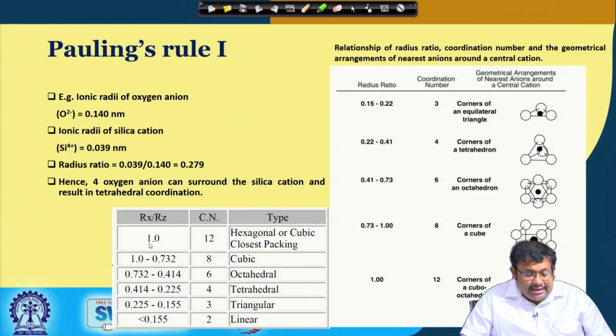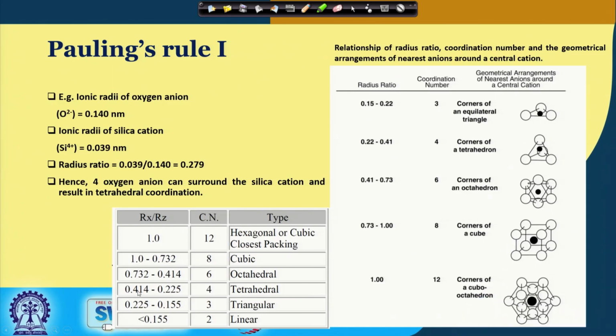As you can see, when the radius ratio is 1, we are getting a coordination number of 12, and basically the hexagonal or cubic closest packing. And when it is from 1 to 0.732, we are getting a cubic packing, and from 0.732 to 0.414 we are getting a 6-fold coordination. The shape is octahedral. From 0.414 to 0.225, the coordination number is 4, and we are getting a tetrahedral shape.